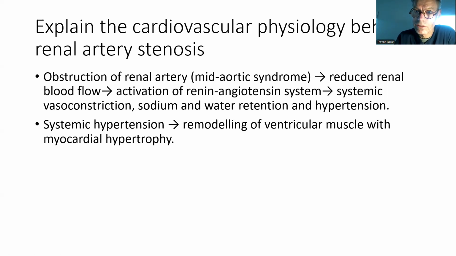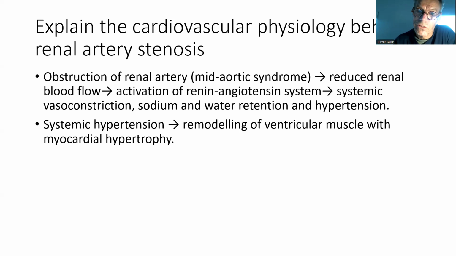Renin is produced by the kidneys. It's converted to angiotensin 1 and then angiotensin 2. And angiotensin 2 is the most potent vasoconstrictor in the body. So that leads to systemic vasoconstriction. The blood pressure increases. And also it increases the production of aldosterone.